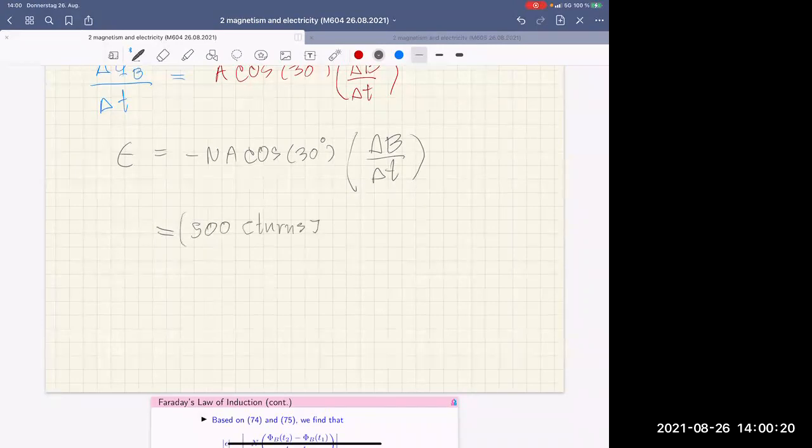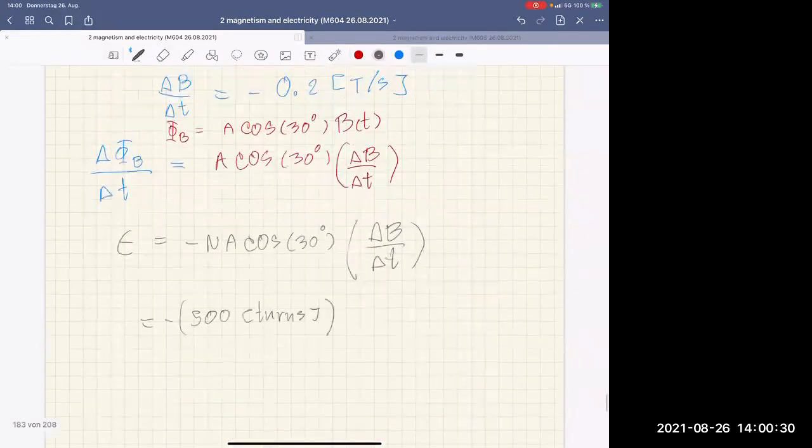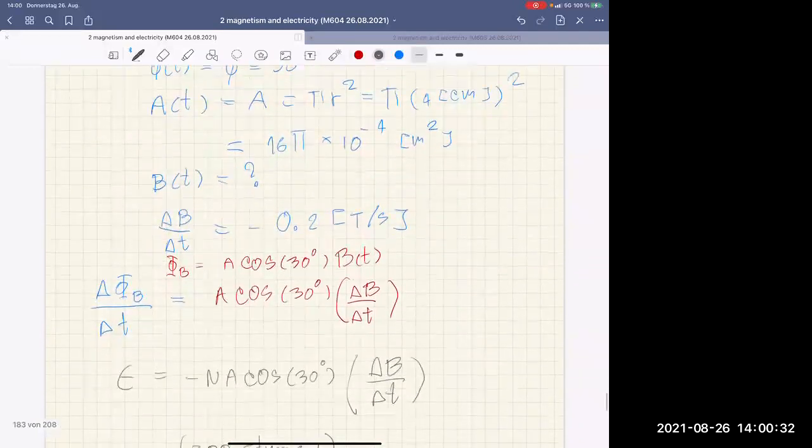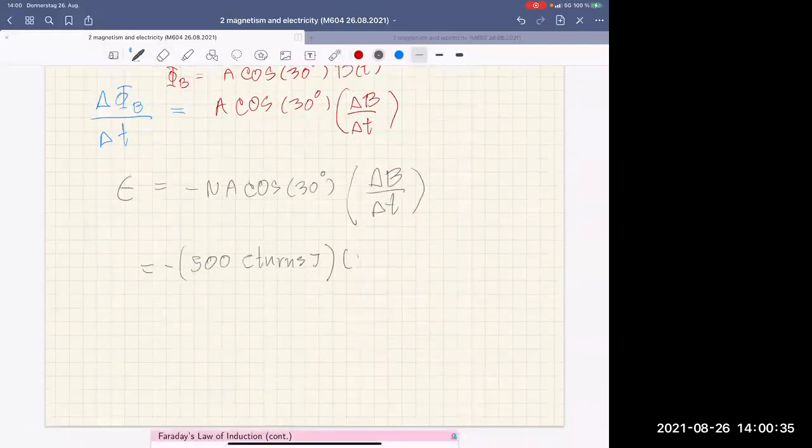And minus as well, minus N, A is there, right, 16 pi times 10 to the negative 4 in square meter.